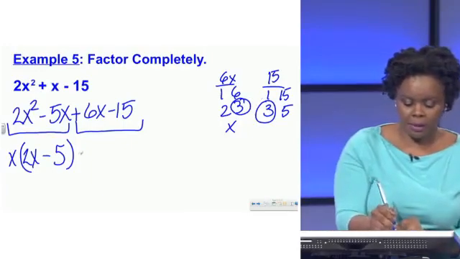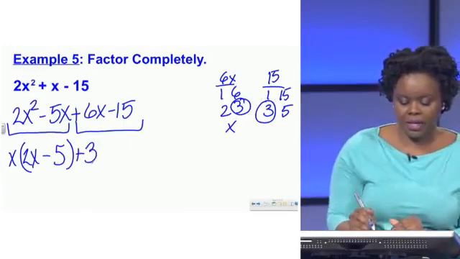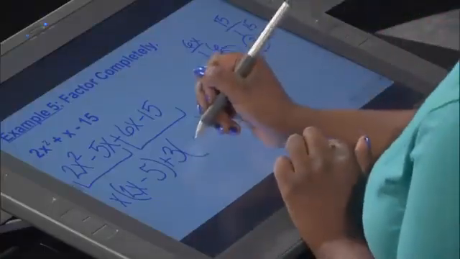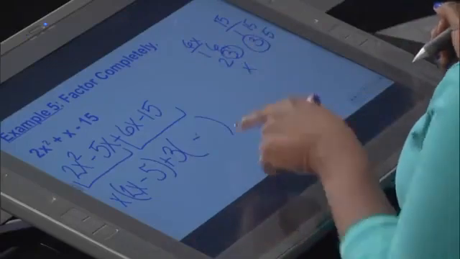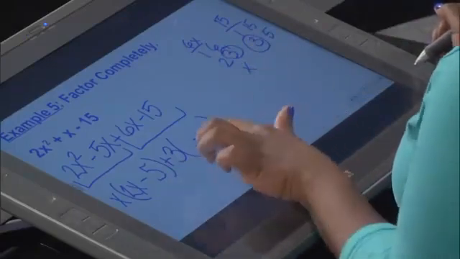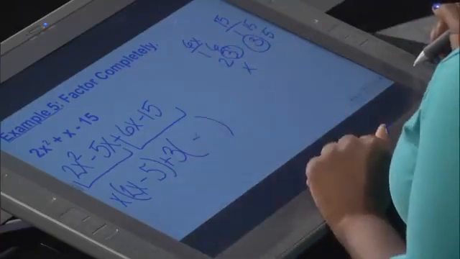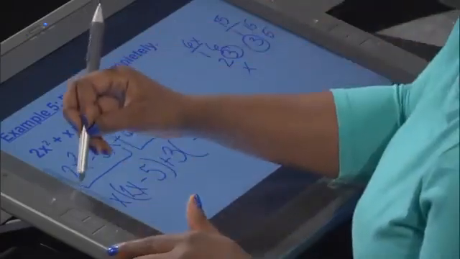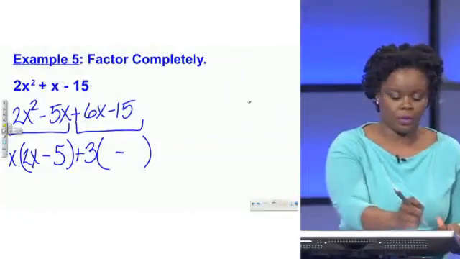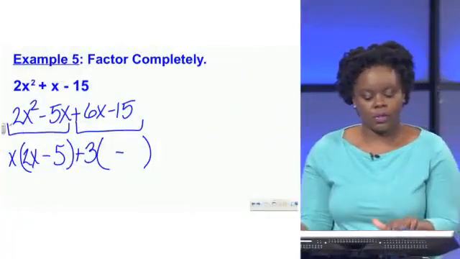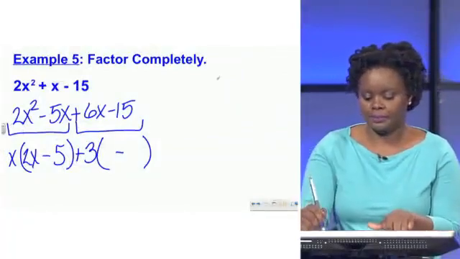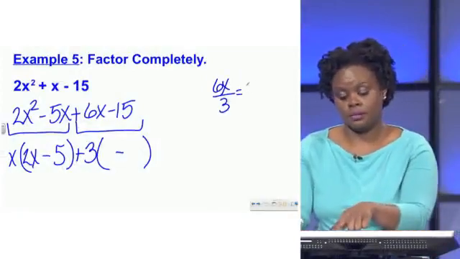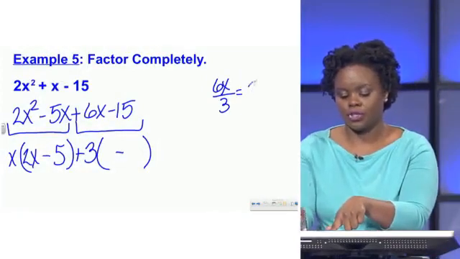So I'll come back to my problem and put my 3 in there. I'll go ahead and put the minus sign in there this time, because I know, like I did over here, the answer is going to be a negative. All right, so now let's start dividing. 6x divided by 3 is 2x, right? 6 divided by 3 is 2.